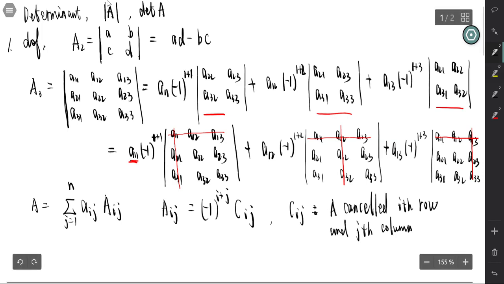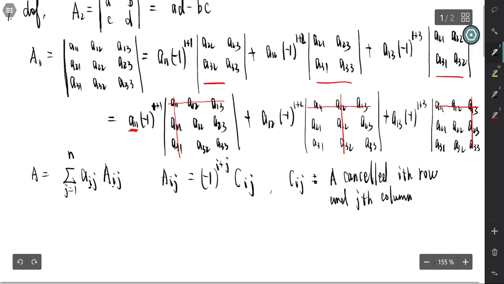This is expansion by the ith row, because i does not change in the summation.